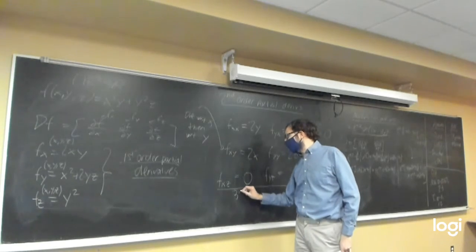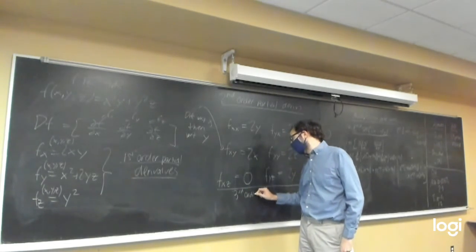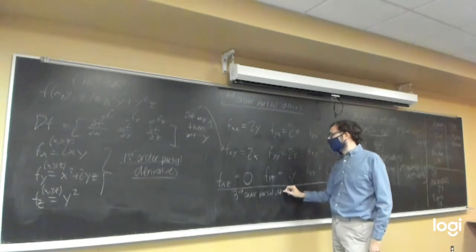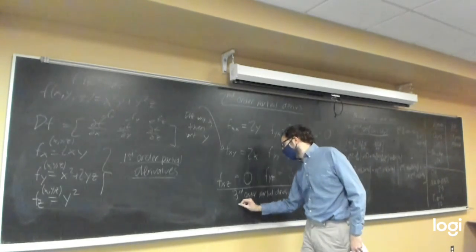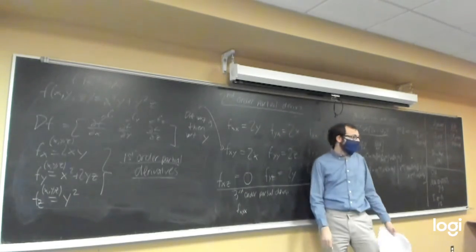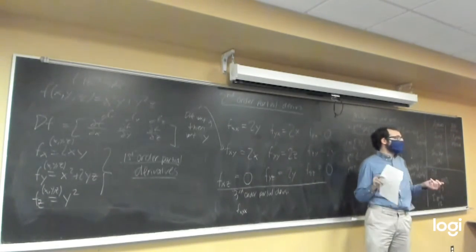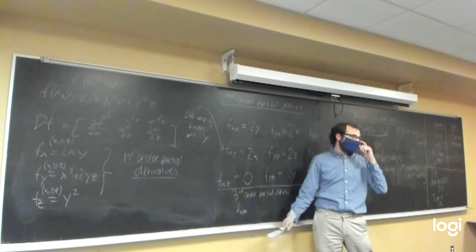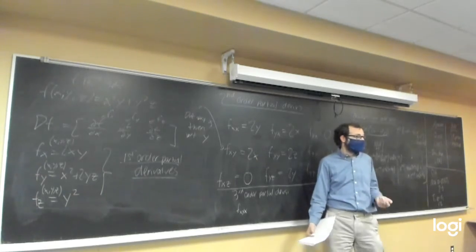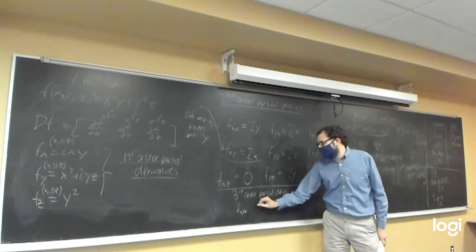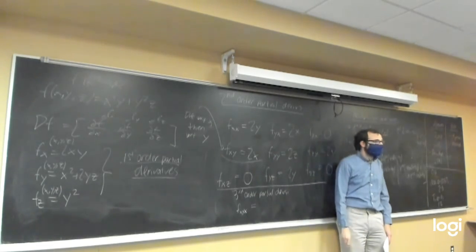By the way, we could keep going and take third-order partial derivatives if we wanted to. For instance, we could take f sub xyx, which is the same as saying, I want to take the original function, differentiate with respect to x, then with respect to y, and then with respect to x again, which is the same as differentiating this one with respect to x.